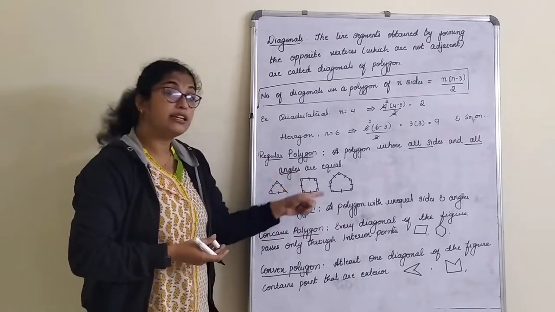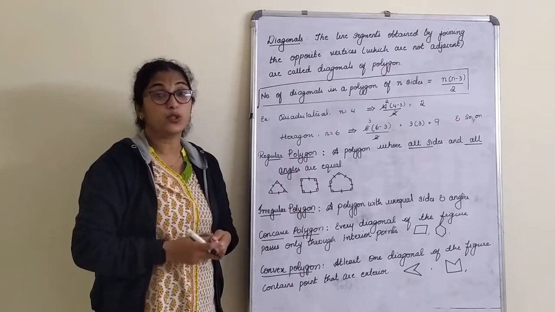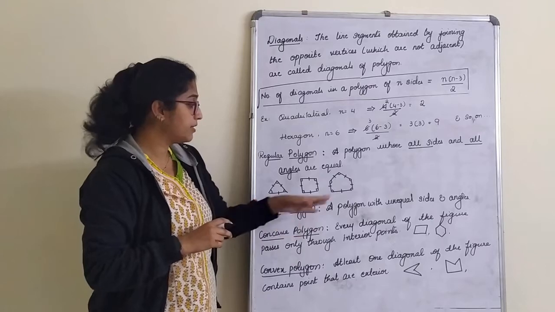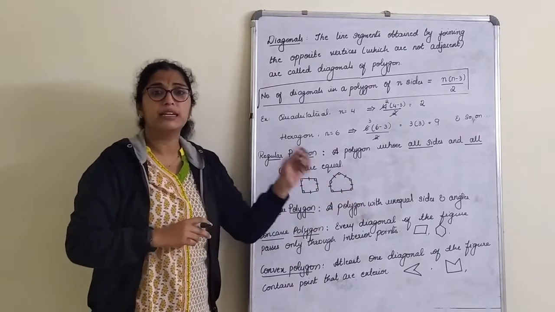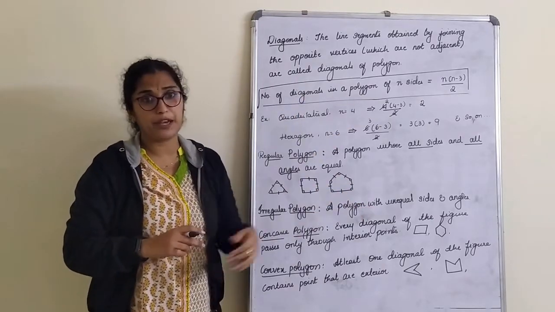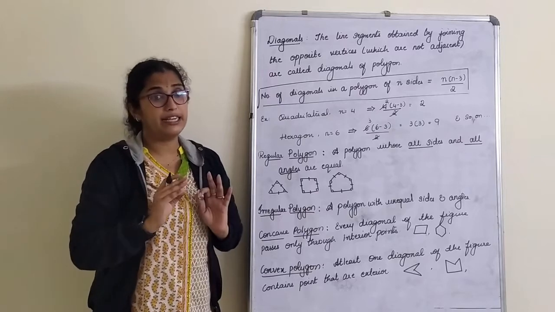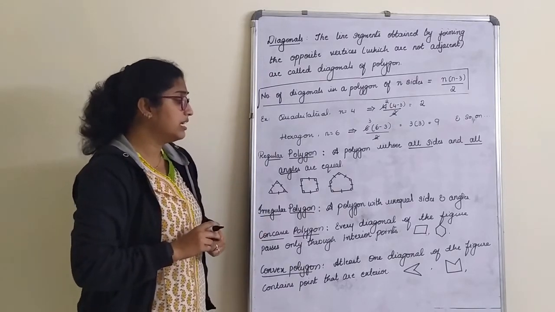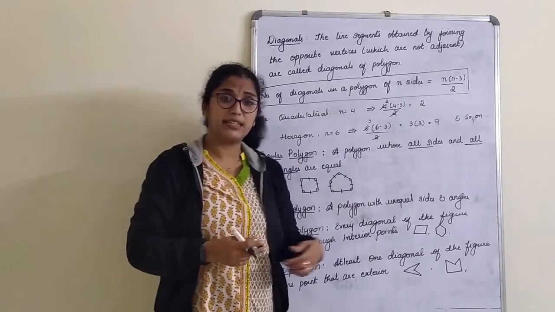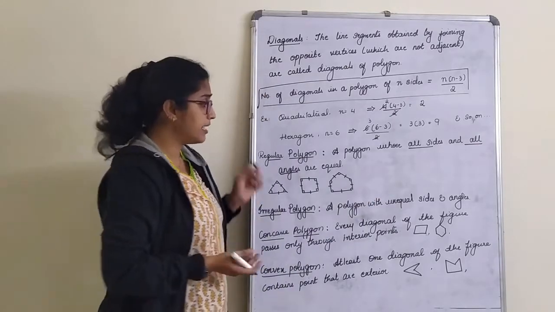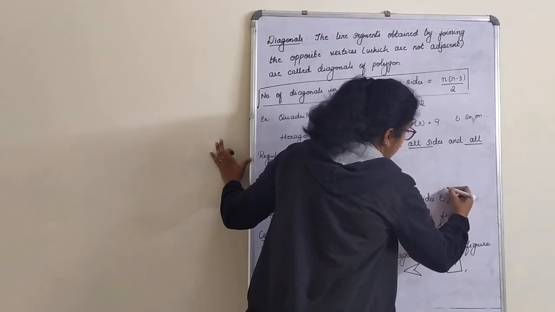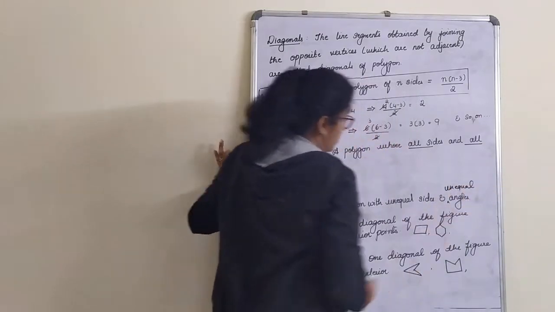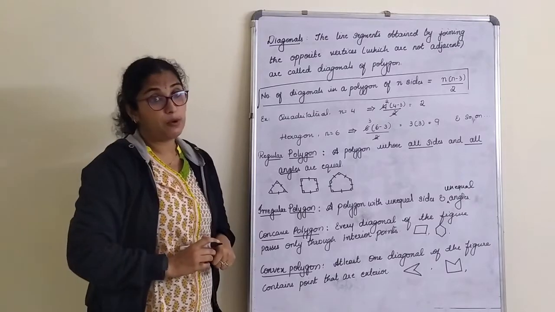What is a regular quadrilateral called? Square. All the sides are equal, all the angles are equal. Then we have a regular pentagon, regular hexagon, regular heptagon where all the sides and all the angles are equal. An irregular polygon is a polygon with unequal sides and unequal angles.